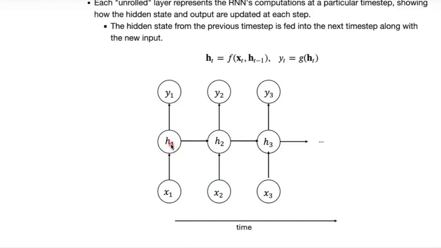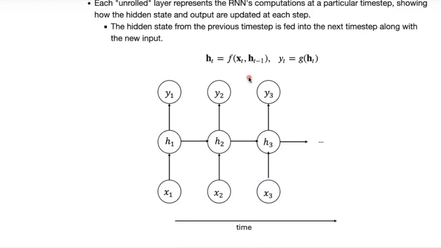This hidden state is what will be passed to the next time step. One thing that is very important to consider here is that for these hidden states, obviously this is a neural network, so you have weights or parameters. The weights or parameters are not actually changing. We are just unrolling these through time. That's the idea behind unrolling through time to be able to understand recurrent neural networks.